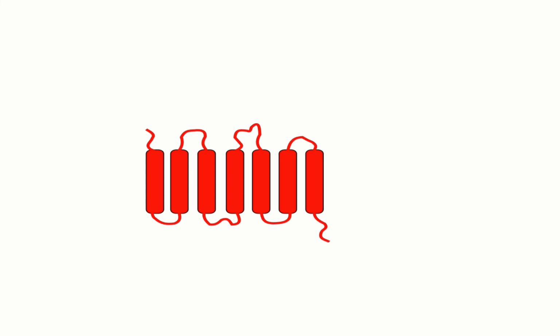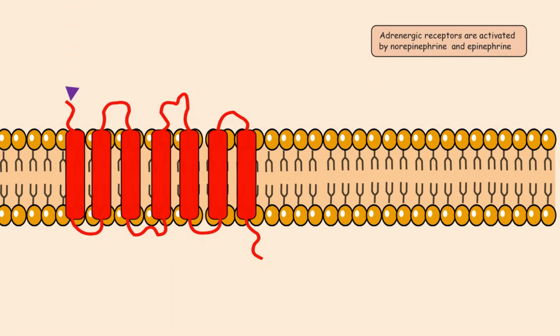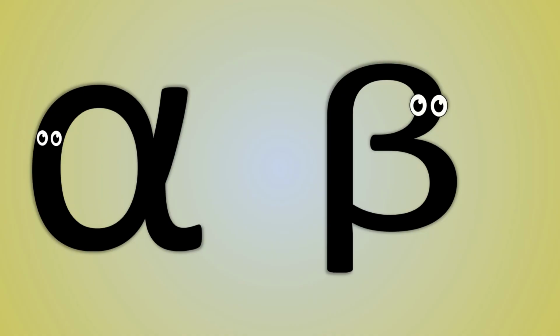Adrenergic receptors are a class of G-protein coupled receptors that are activated by norepinephrine and epinephrine produced by the body. In the sympathetic nervous system, several classes of adrenoceptors can be distinguished pharmacologically. Two main families of receptors, designated alpha and beta, are classified based on their response to epinephrine and norepinephrine.